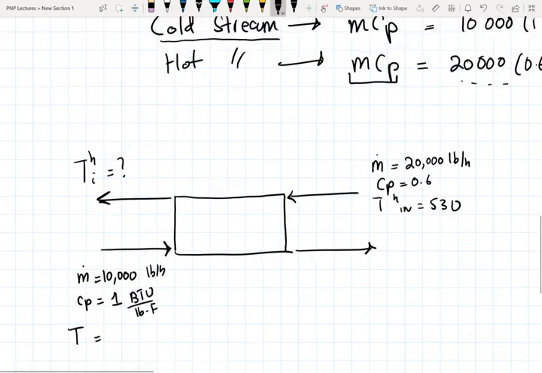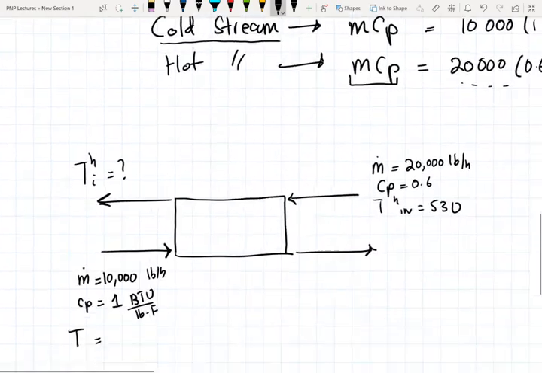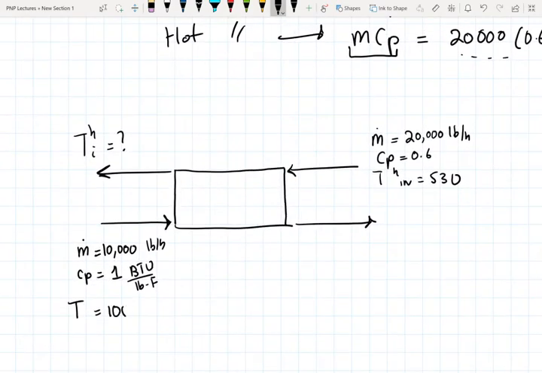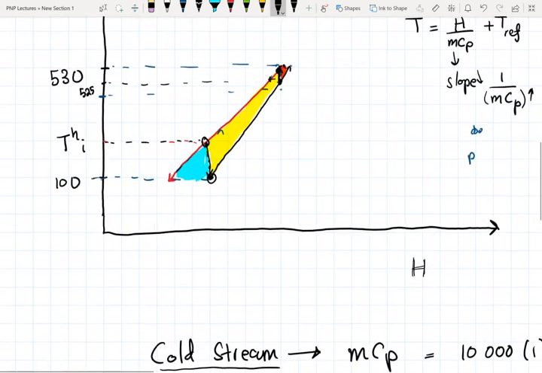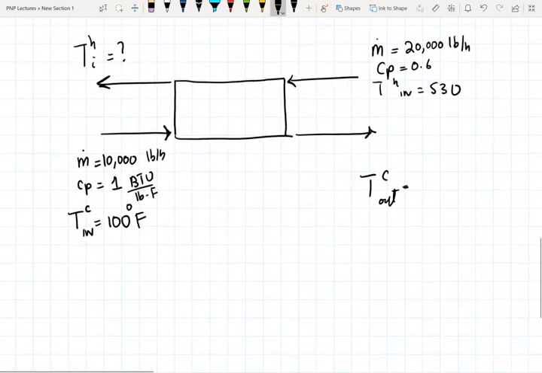The temperature at which the stream enters is going to be 100, that's the source temperature. And the temperature at which it leaves is going to be the source temperature of the hot stream minus the minimum approach temperature, which in our case is 525.